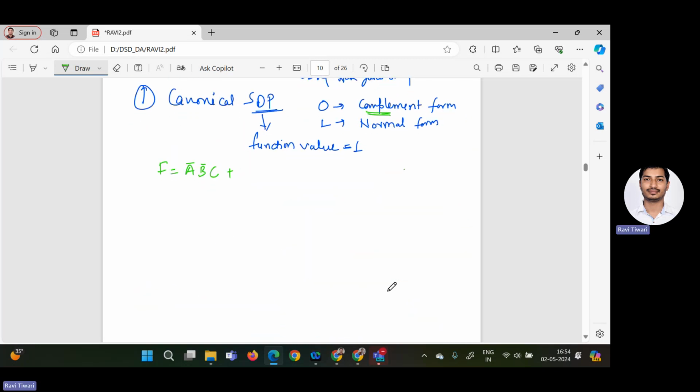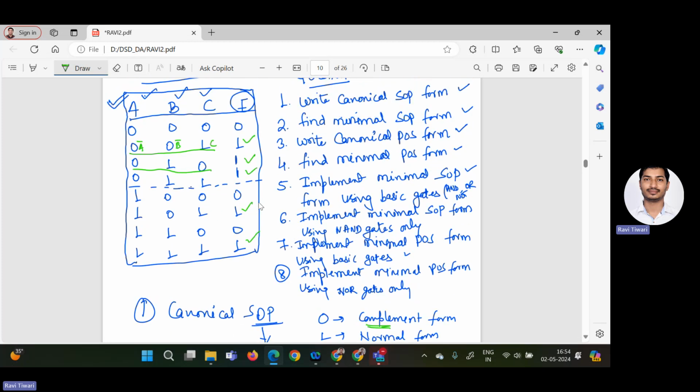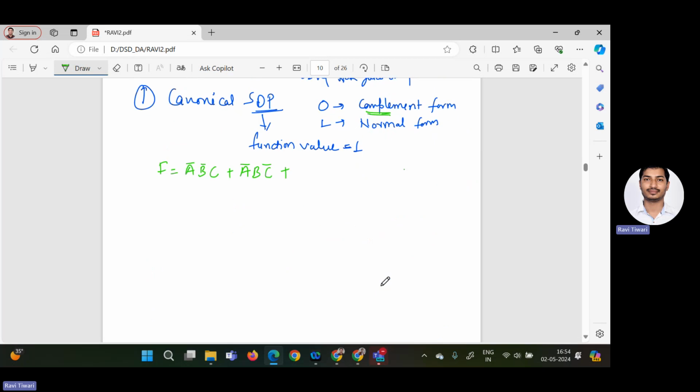So 0 means A bar, 1 means B, C bar. Next one is 0, 1, 1, which will be represented as A bar, B, C.